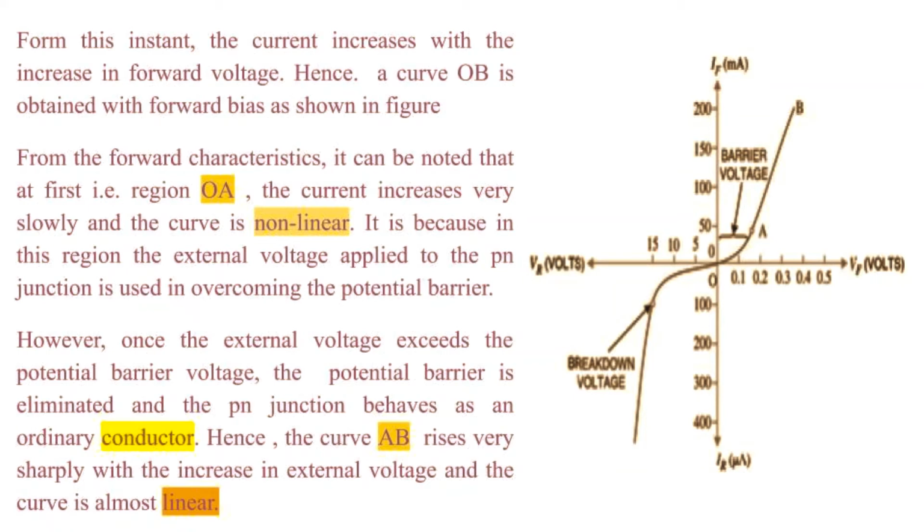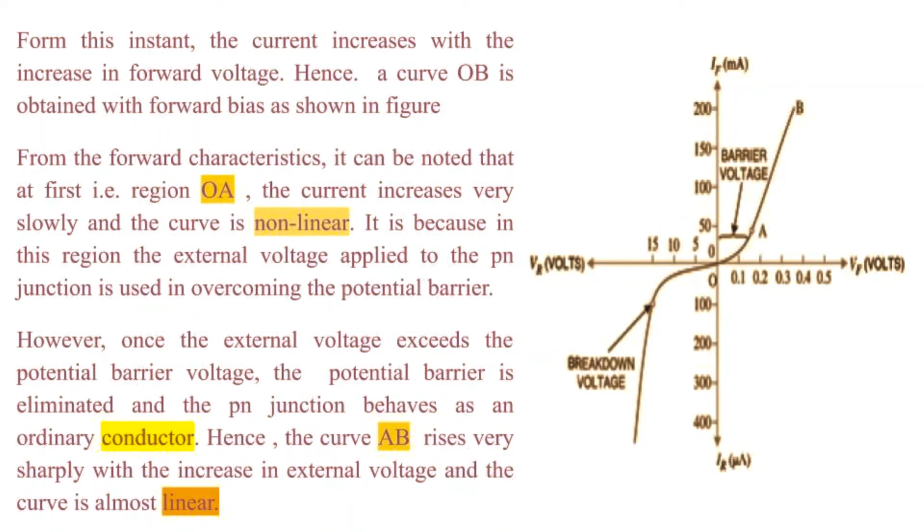From the forward characteristics, it can be noted that at first, that is the region OA, the current increases very slowly and the curve is non-linear. It is because in this region, the external voltage applied to the PN junction is used in overcoming the potential barrier.